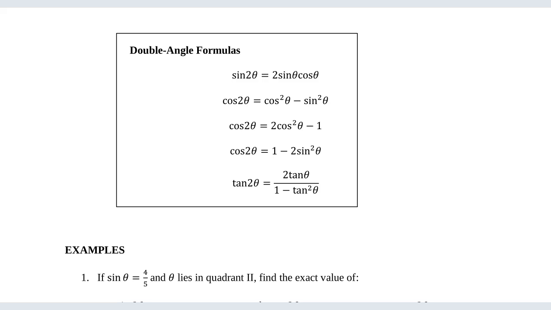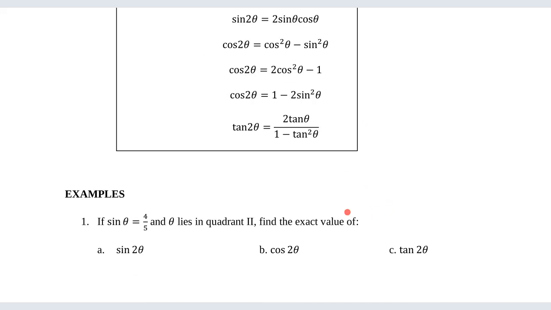Also, notice that the cosine double angle formula can be written in several forms, as you can see here. Understanding why those forms are equivalent is often more valuable than memorizing them. Okay, let's go ahead and work through examples applying the double angle formulas.